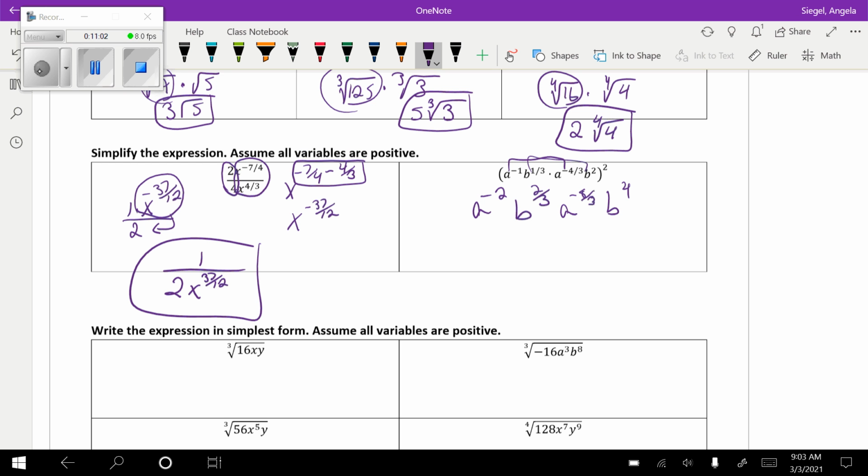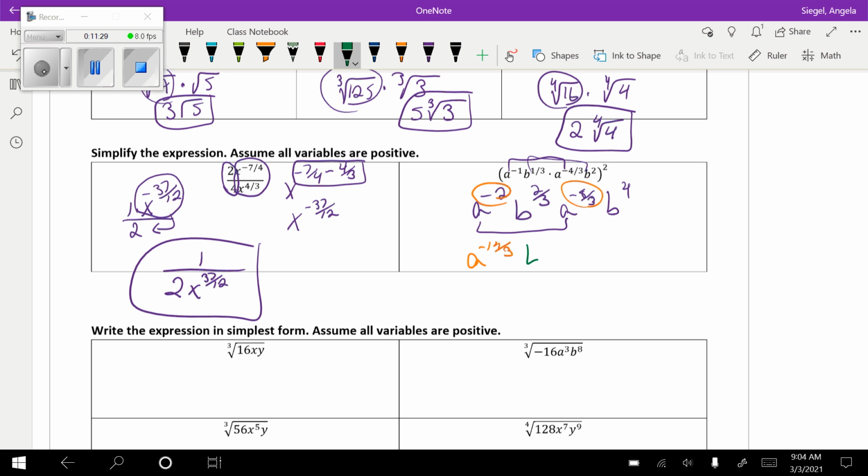So now what we're going to do is multiply these together. Remember, when we multiply, we add their exponents. So I'm taking -2 plus -8/3. Let's figure out what -2 plus -8/3 is. And I get -14/3. And I'm going to do the same thing with my b.